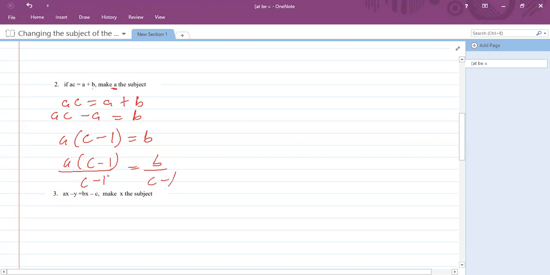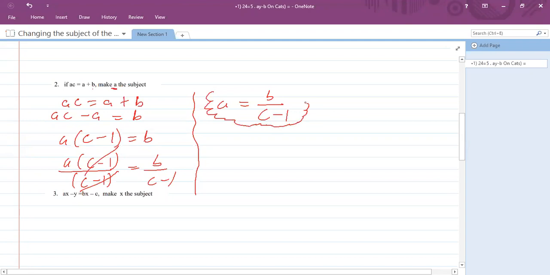You divide both sides by C minus 1, right? So this and this cancel. So basically, what will be left here would be A is equal to B divided by C minus 1 as my final answer. So this is my answer.